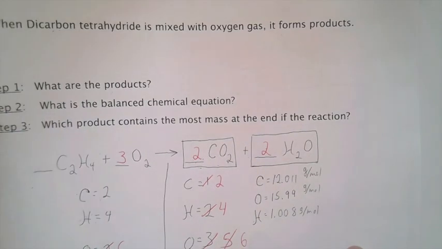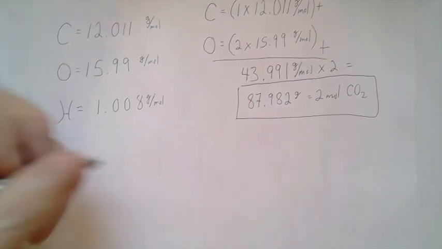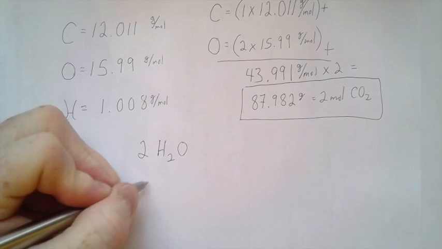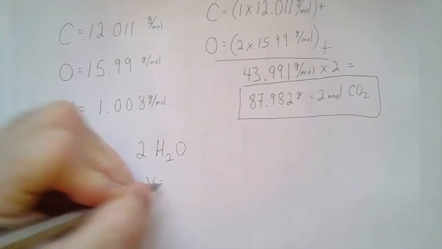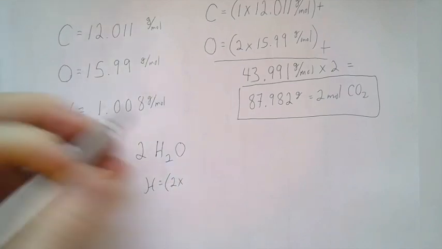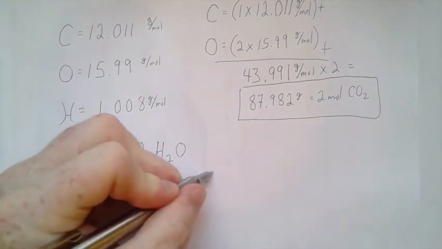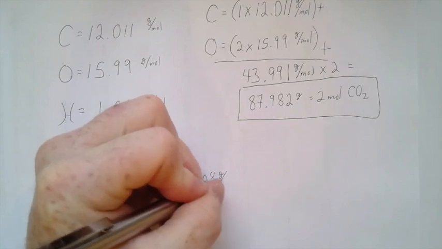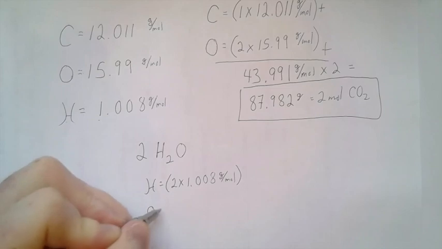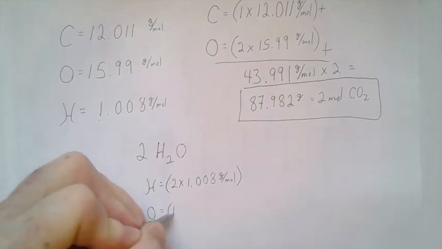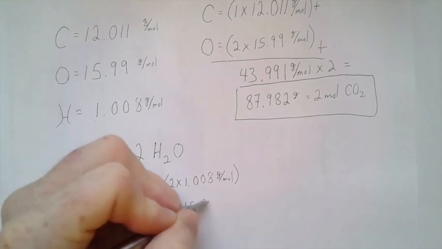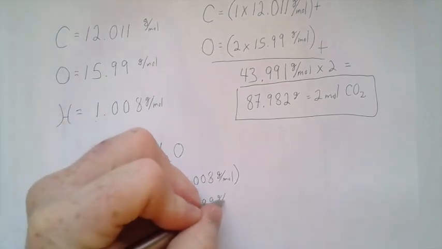We're going to go through the same exact process for H2O, of which there are 2 moles. We're going to take our hydrogen. There are 2 hydrogen atoms times our molar mass of 1.008 grams per mole. And we're going to add that to our oxygen, which is times 1, and that's 15.99 grams per mole.